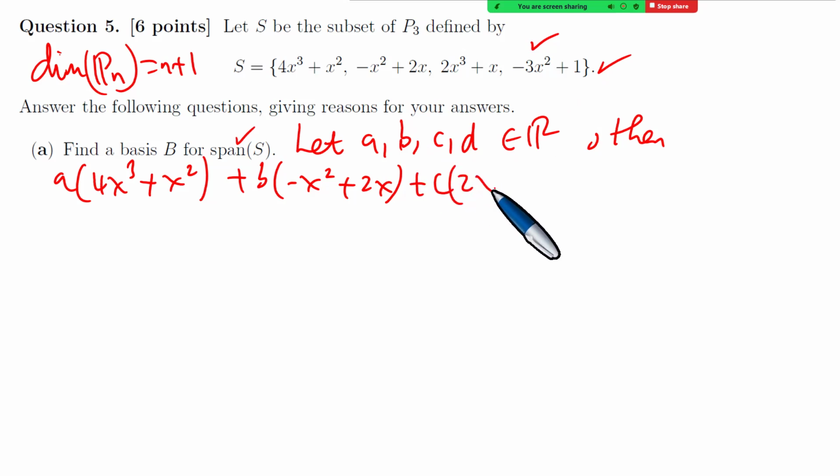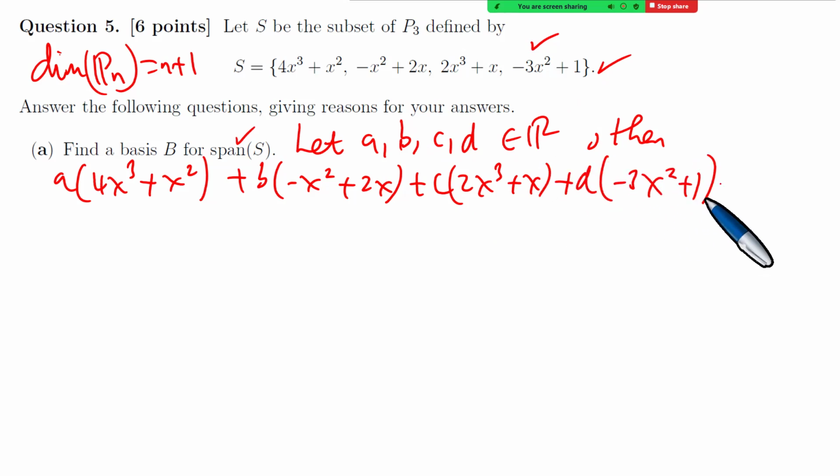So you have C times 2x cubed plus x, D times minus 3x squared plus 1, and the result is the 0 vector, the 0 vector in P3. Now, the next thing we do is to collect like terms.